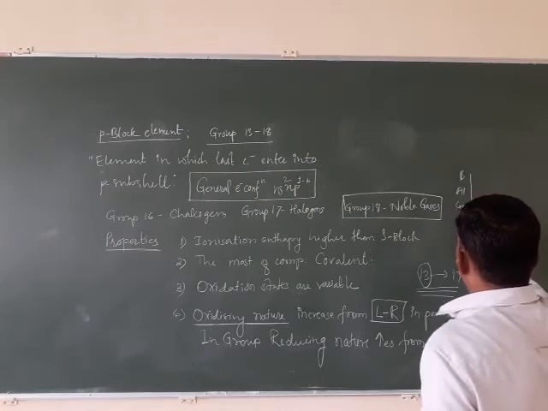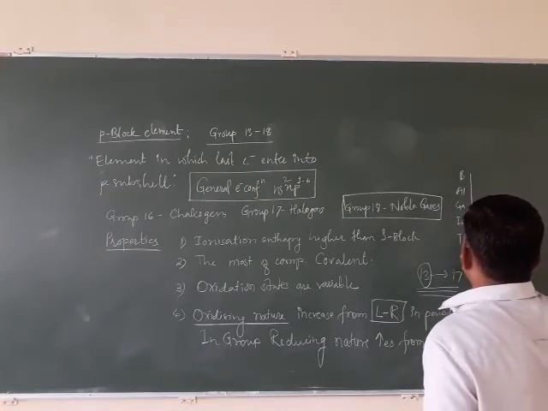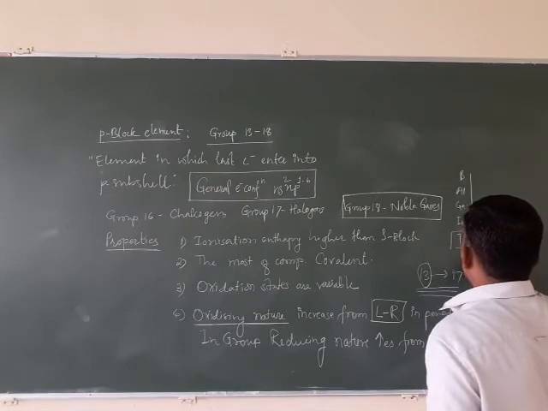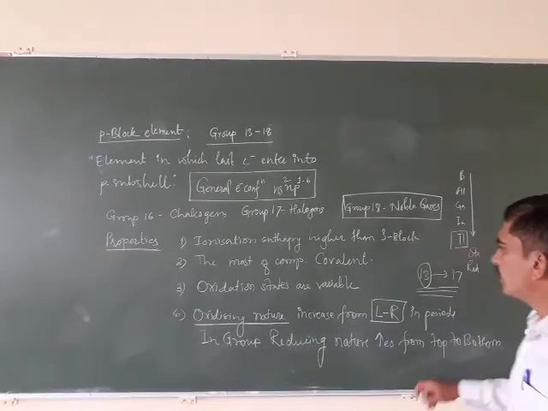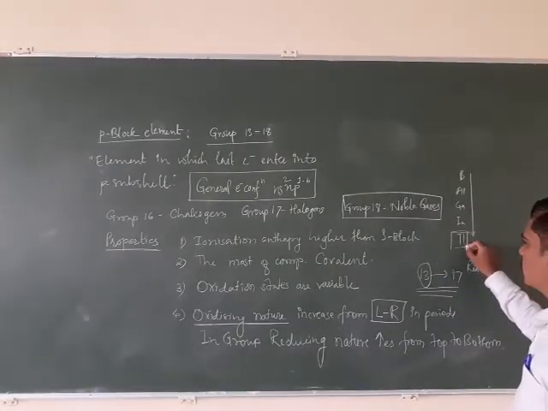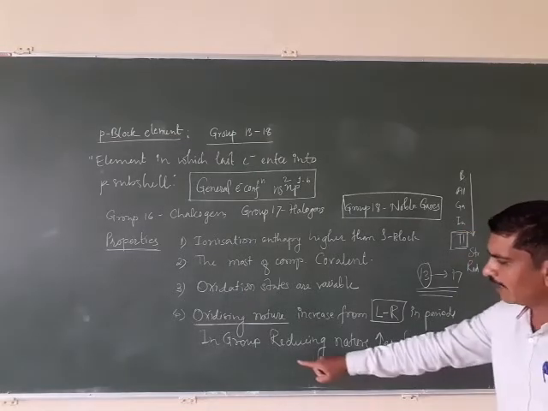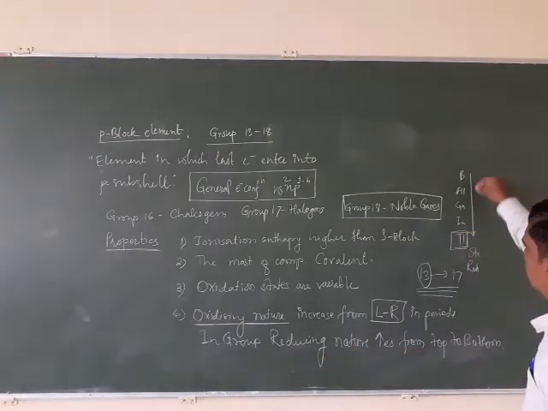As we move from top to bottom, we get a strong reducing agent. Why? Because reducing nature increases from top to bottom.